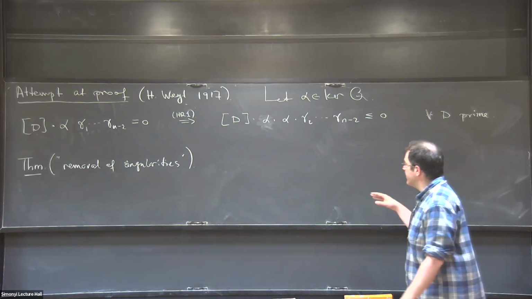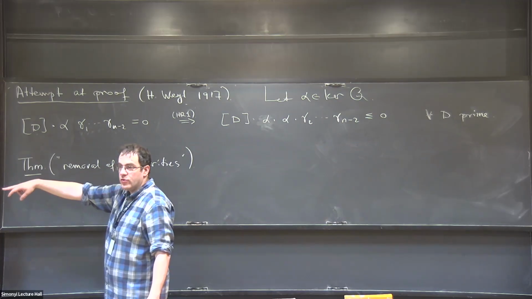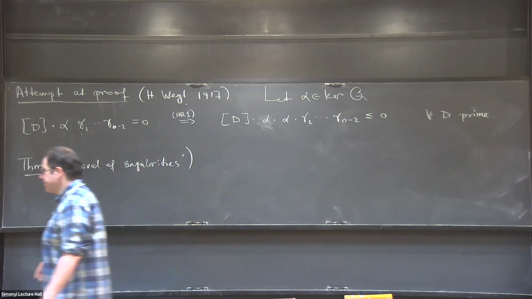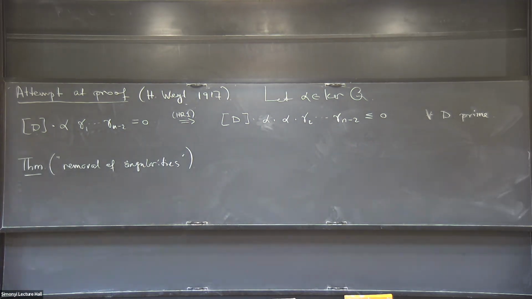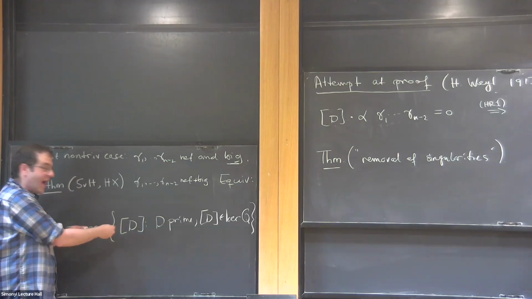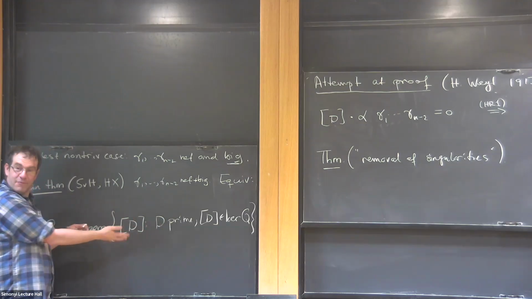The main observation here is that if I give you an alpha in the kernel of Q, this doesn't need to be true. However, I have freedom because I want to show that alpha is in this linear span. So if I take some element in this linear span and add it to alpha, it's enough to prove the theorem for that perturbed guy. Because if alpha plus any element in the linear span of these guys is in the linear span, then I've proved the theorem.